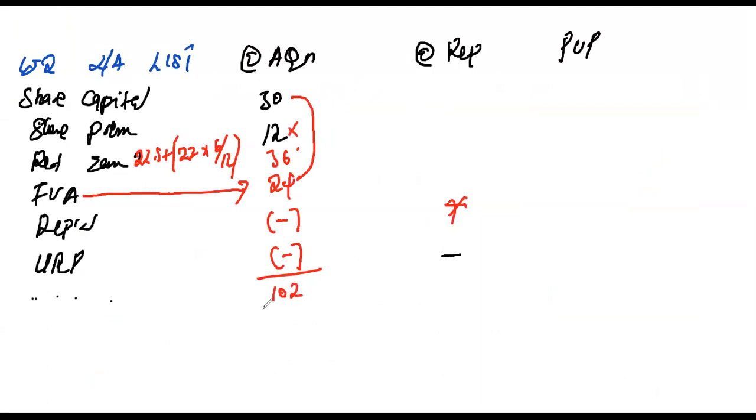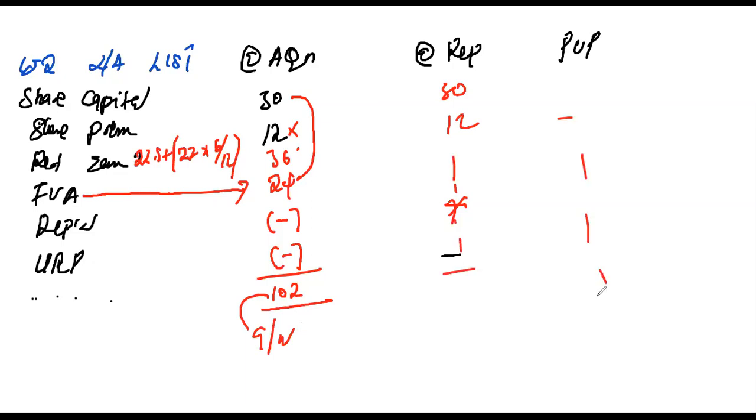Now this figure is very important because we are going to use it to work out our goodwill. If we are doing a consolidated statement of financial position, we also bring figures here and there, and then we add up. We find the PAP.